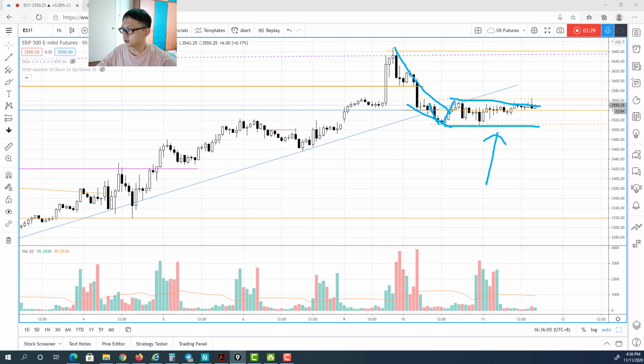Right now we are still in this relatively tight trading range with the immediate support and resistance levels as pointed out here, which I will explain a bit more during the market outlook in the later part of the video. Not too much happening, but one thing that pops out to my eye is definitely this false breakout.